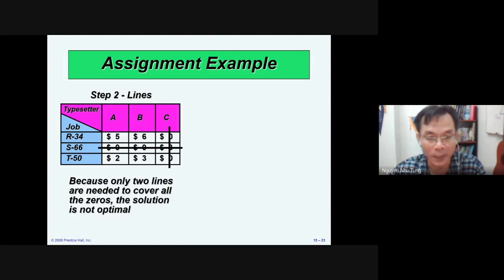Let's say there are 3 columns but only two rows, you add an additional row which is a dummy row, so that you can follow the steps in this assignment method.